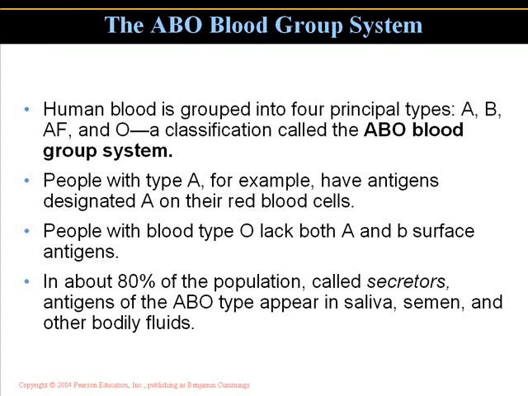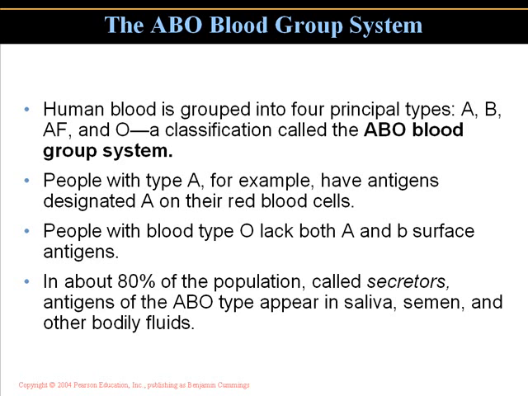Human blood is grouped into 4 principal types: A, B, AB, and O. Sorry for the typo. This is a classification called the ABO blood group. People with type A, for example, have antigens designated A on their red blood cells.